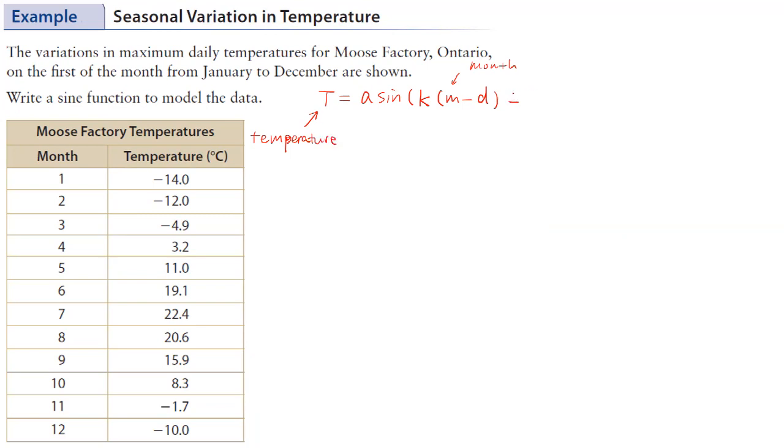We need to determine the 4 parameters according to the given data.